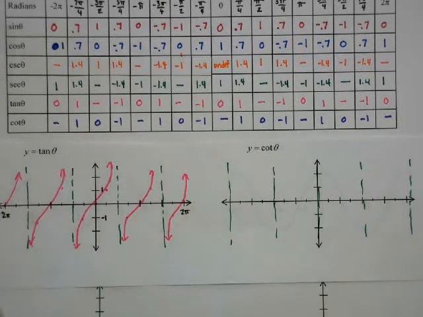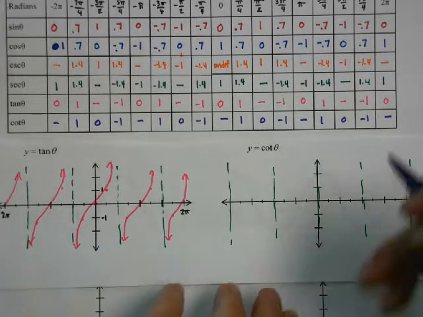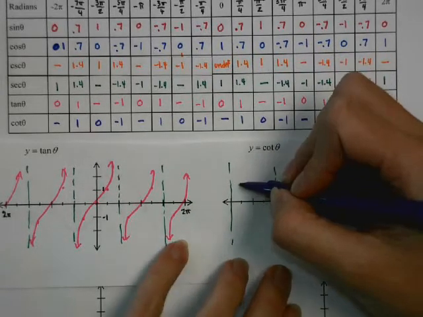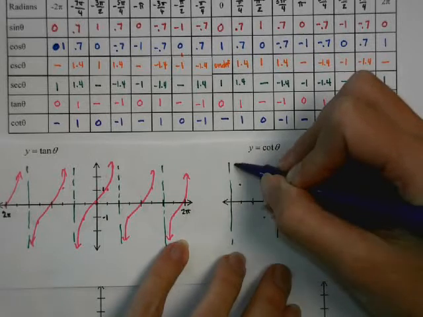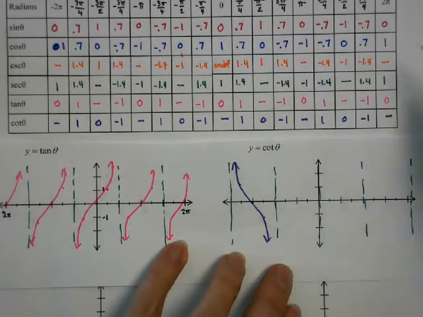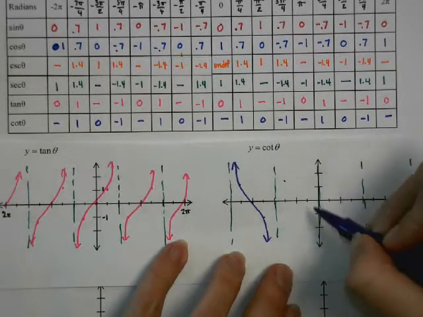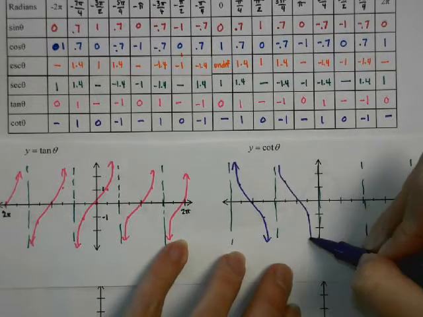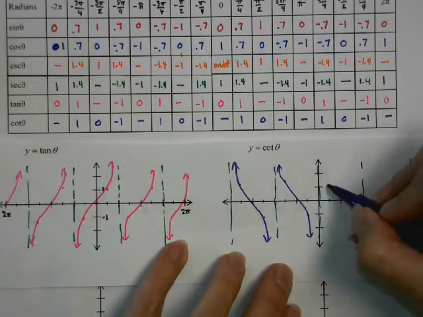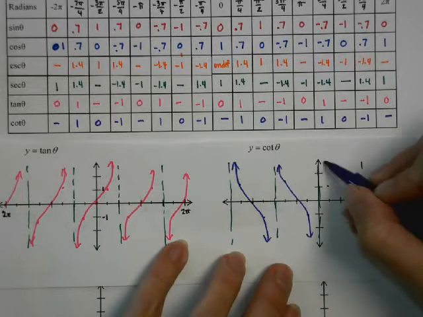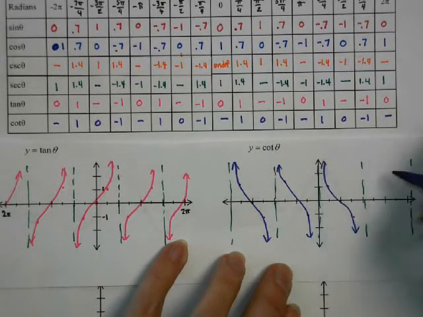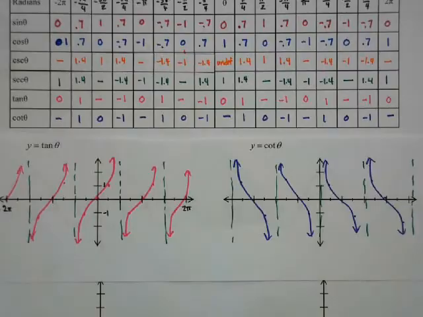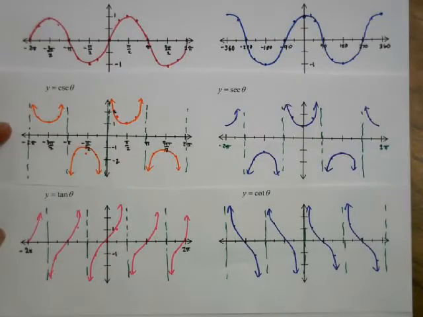So these are all going to go down rather than going up like tangent. So it's going to be 1, 0, negative 1, repeating across the graph. So here are the graphs of all 6 trig functions.